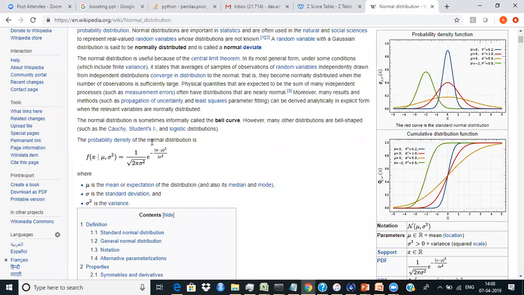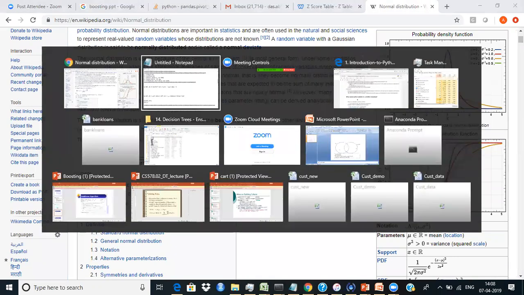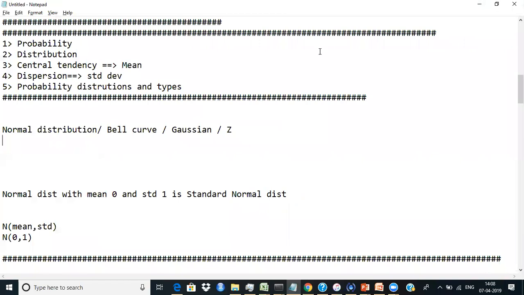Now to simplify this, what it means is a normal distribution is a bell-shaped curve, right? So I want an equation which can build this bell shape. This is what I want. Now, what is this equation? This equation is known as probability density function.